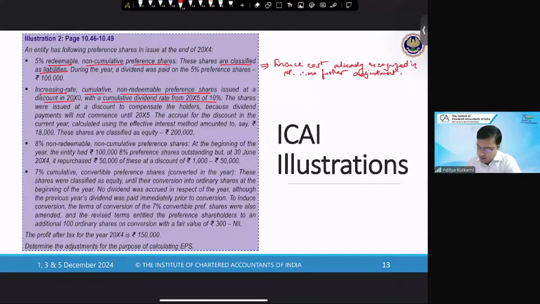The shares were issued at a discount to compensate the holders because dividend payments will not commence until 20x5. The accrual for the discount in the current year, calculated using the effective interest method, amounted to, let us say, 18,000 rupees. These shares are classified as equity amounting to 2 lakhs.